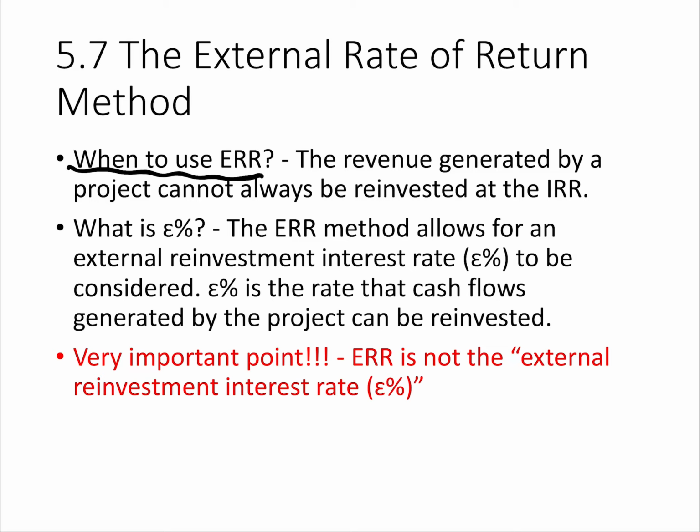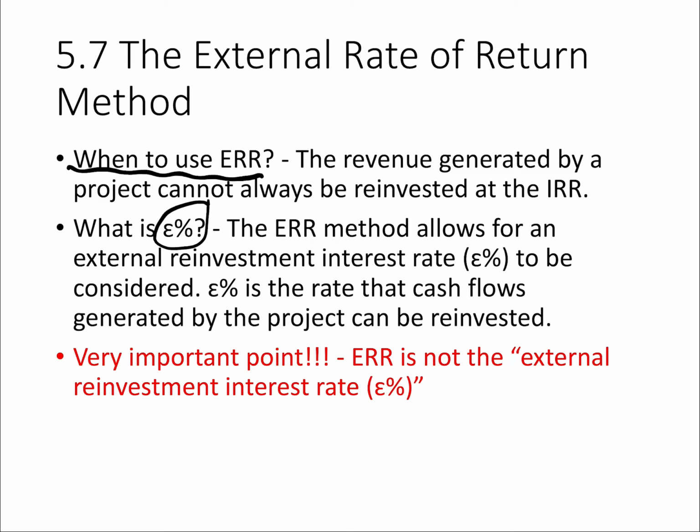Okay, so when do you use ERR, the external rate of return method? When the revenue generated by a project cannot always be reinvested at the IRR, meaning you need to reinvest it into another project with a different interest rate. In that case, you want to use the ERR.